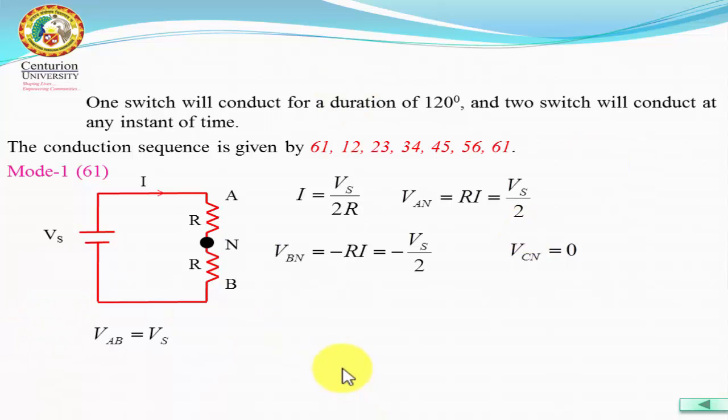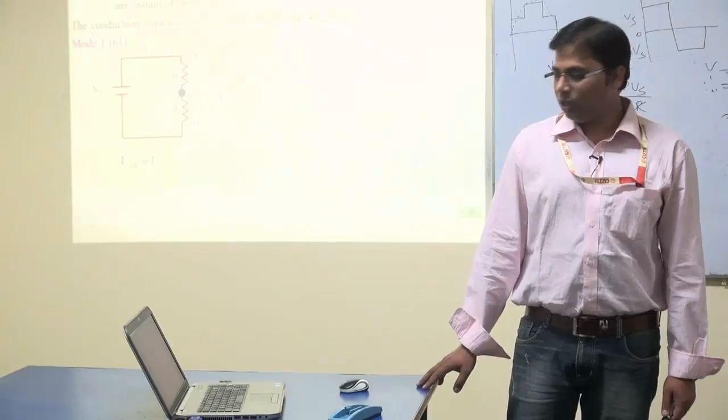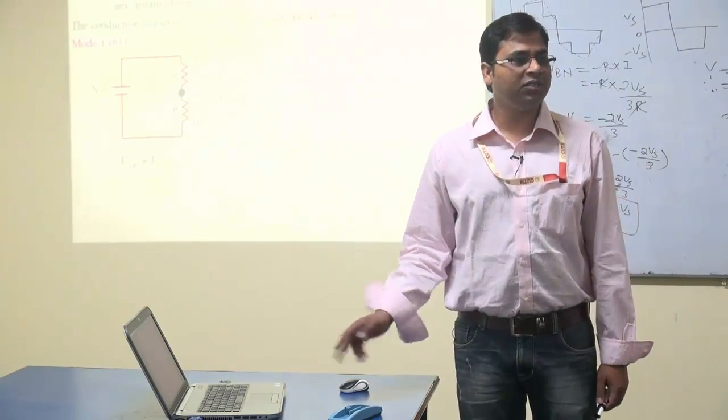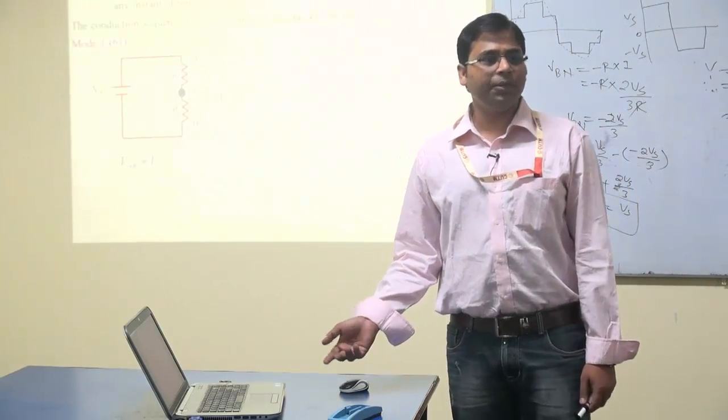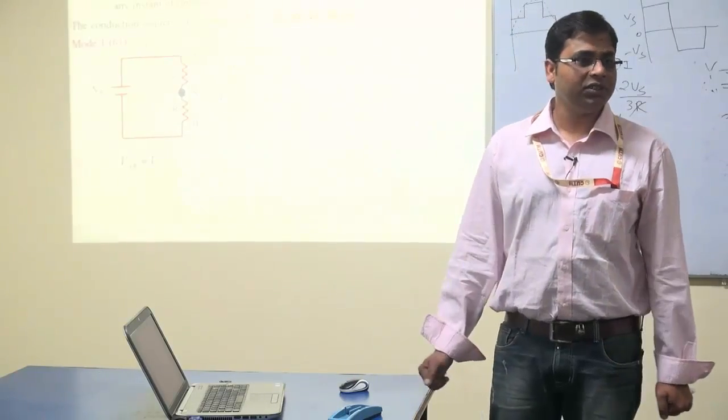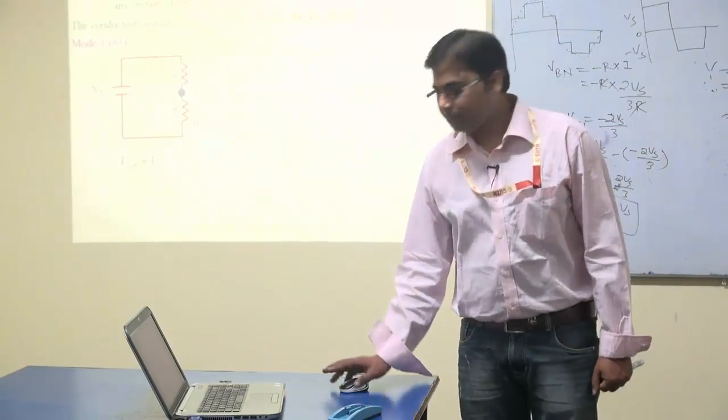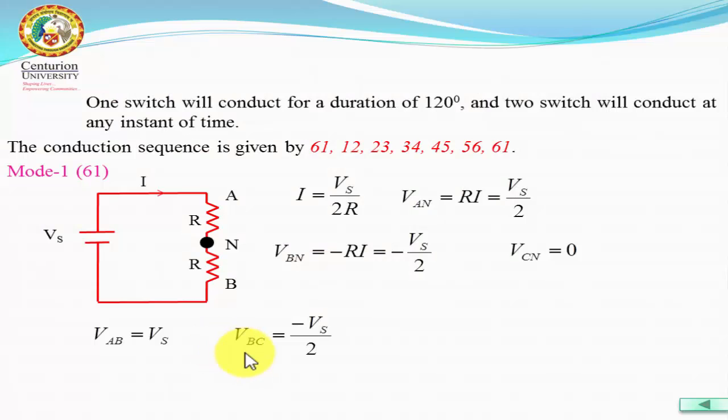Similarly, we can find VAB. What is VAB? AN minus BN. How much is AN? Vs by 2. How much is BN? Minus Vs by 2. So minus of minus gives plus: Vs by 2 plus Vs by 2, 2 Vs by 2, we get Vs. Similarly, VBC is VBN minus VCN.